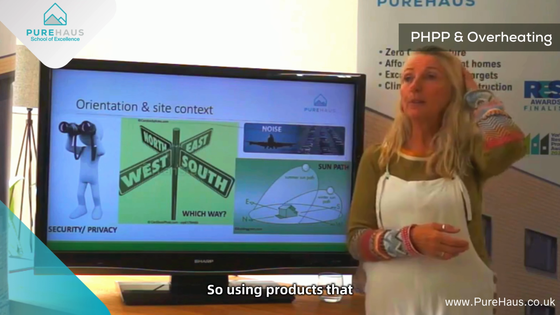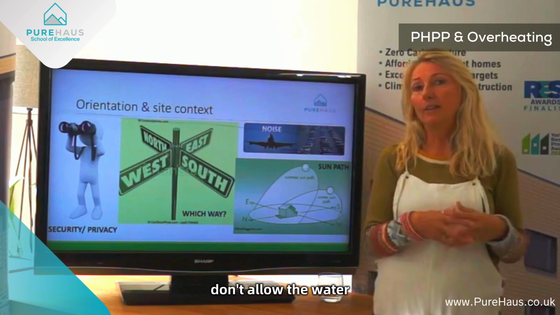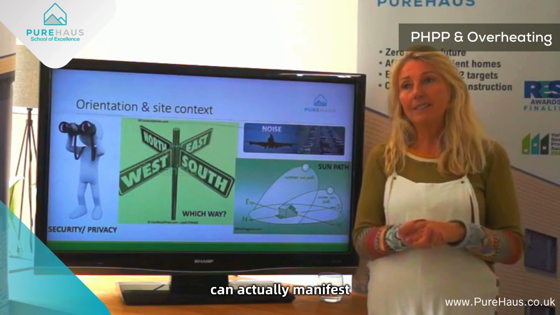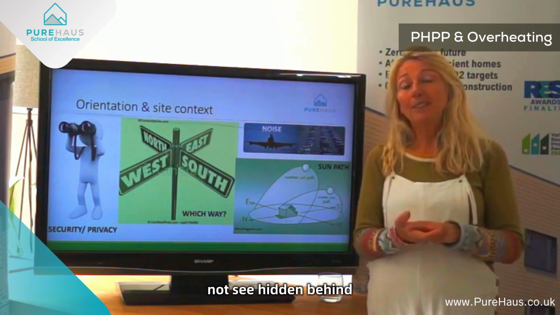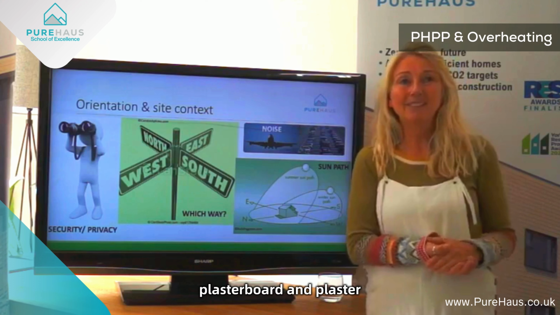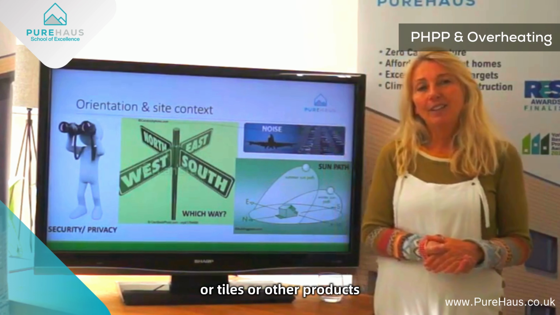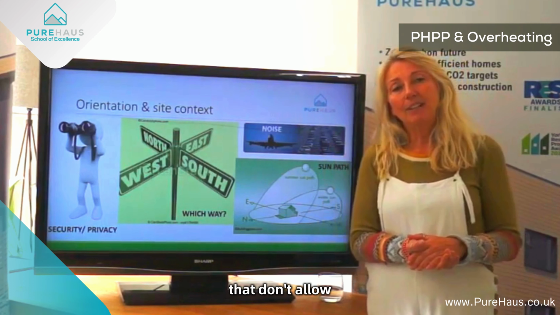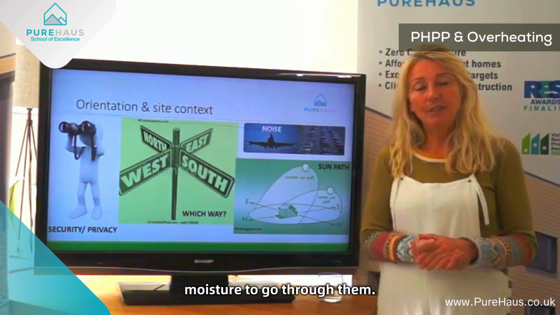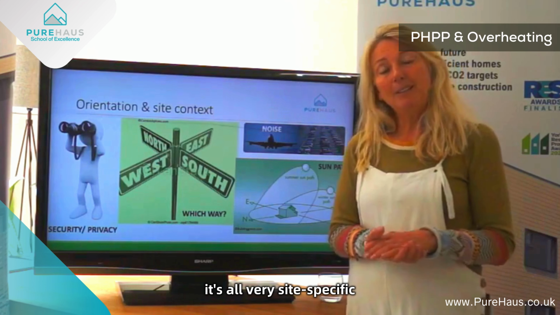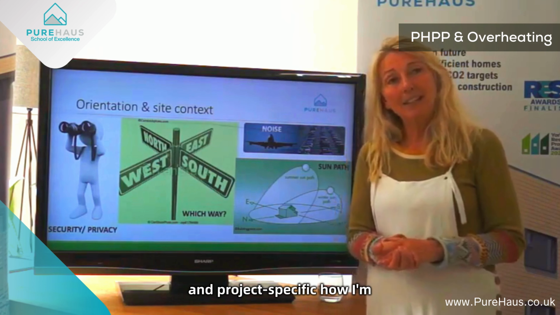So using products that don't allow the water vapor to disperse can actually cause problems which you might not see, hidden behind plasterboard and plaster or tiles or other products that don't allow moisture to flow through them. So it's all very site specific and project specific how we tackle that.